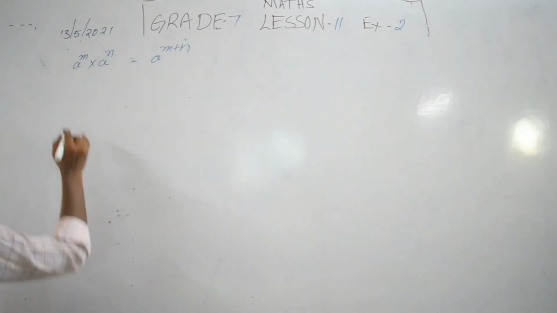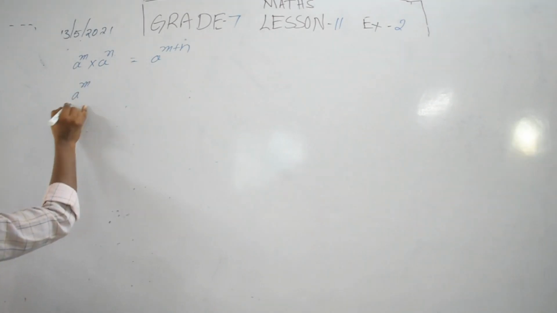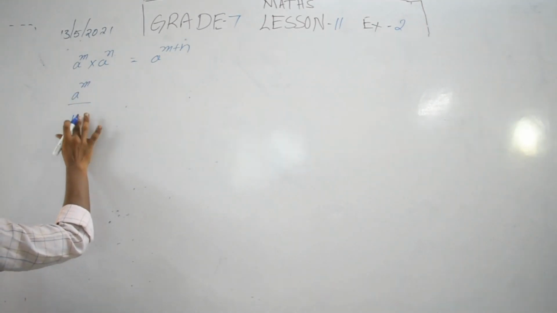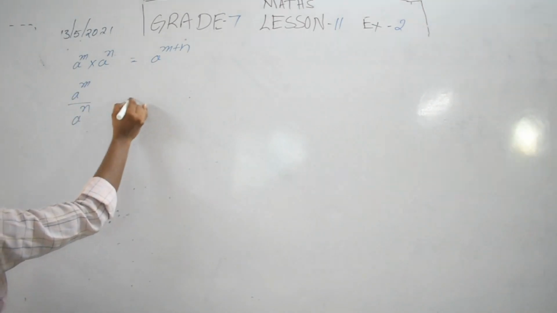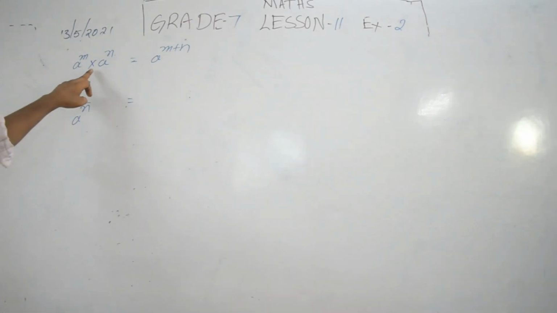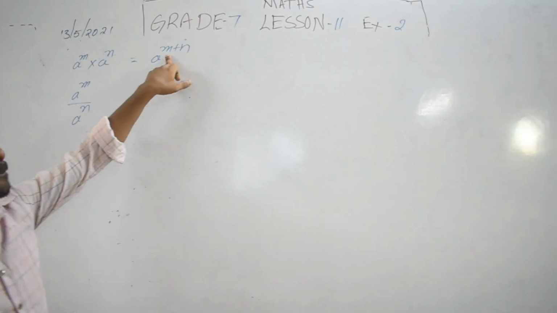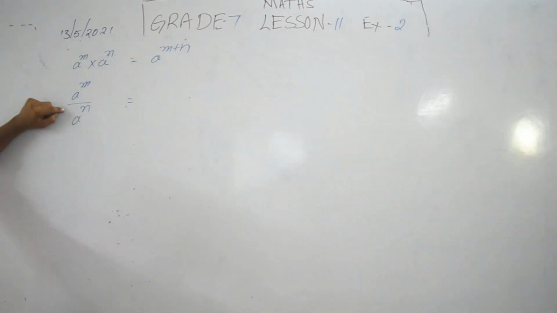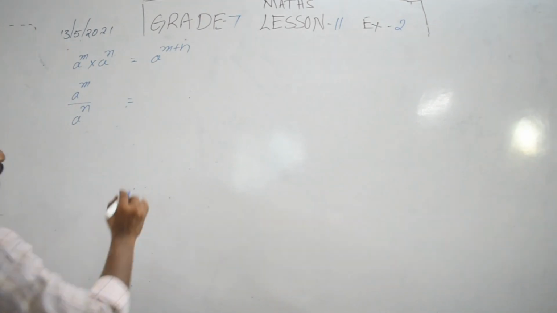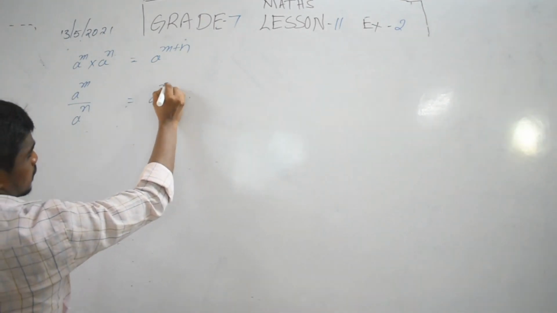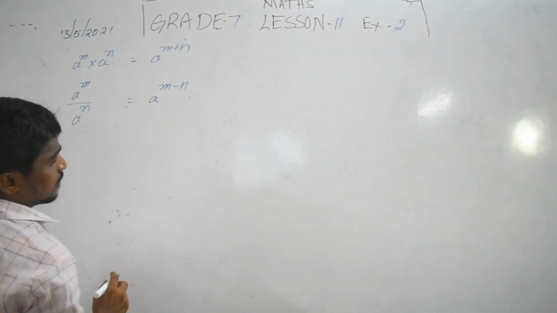That is one law. a power m by a power n: here the multiplication symbol means powers are added, and the division symbol means powers are subtracted, a power m minus n.